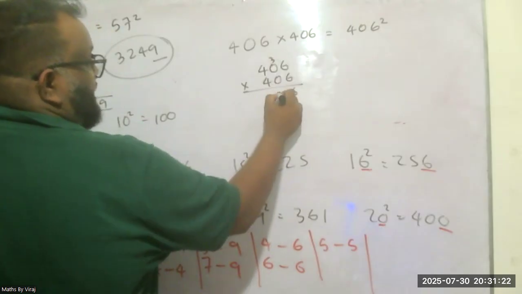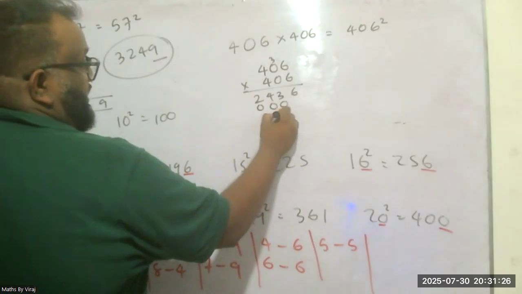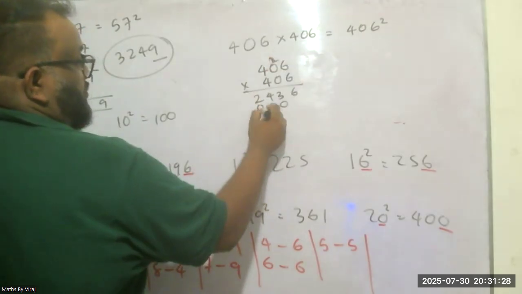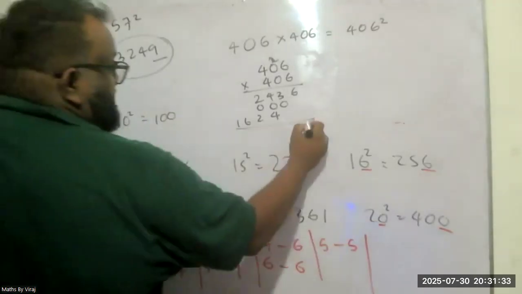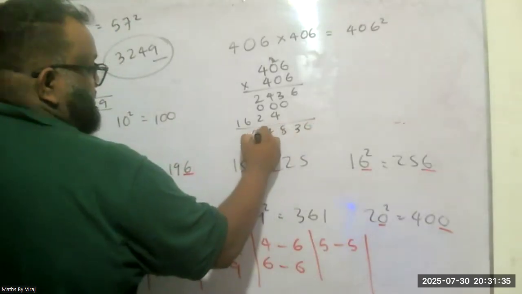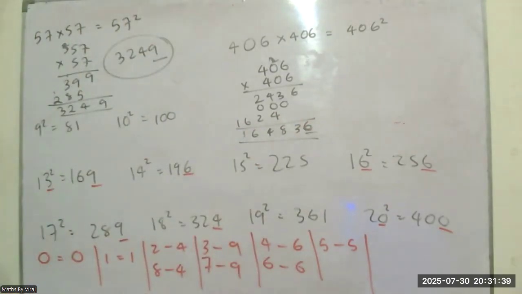The final answer is 164836. Look at that. The final digit is what now? 6. Are we clear with what we have in hand?